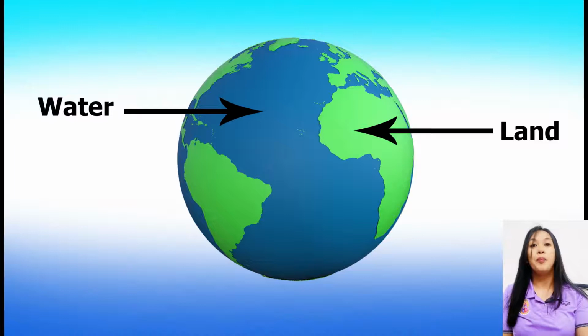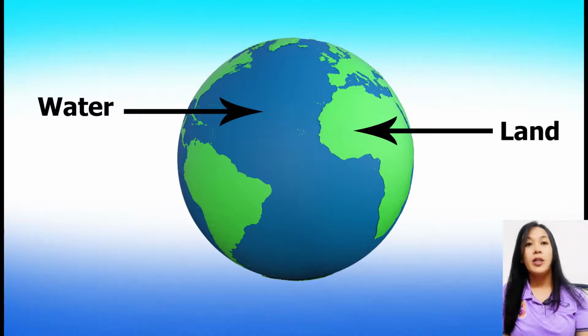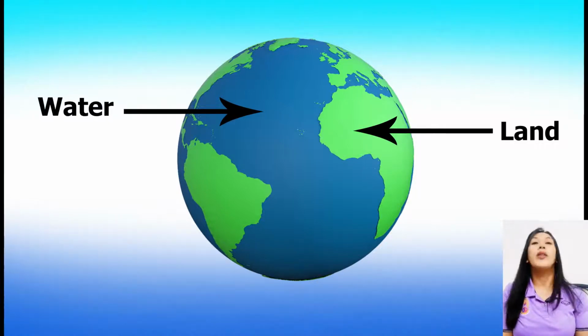So the water on our surface is mostly salt water, which is from the ocean and from the sea, and also from lakes, rivers, and other forms of fresh water. They altogether constitute our hydrosphere. While the green ones represent the land consisting of continents and islands.